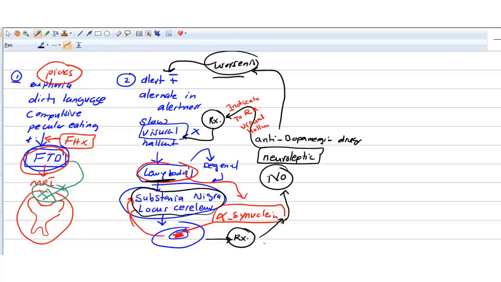Now, the treatment. What will you give to this patient? Remember, he has Parkinson's disease, and in Parkinson you have low dopamine. So how do you treat it, by the way? Maybe there is a rule for it, wait a minute, let me remember.